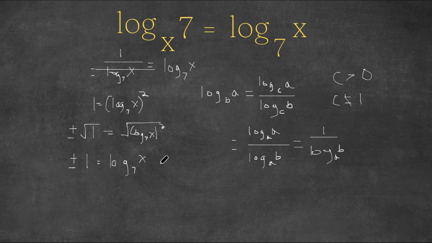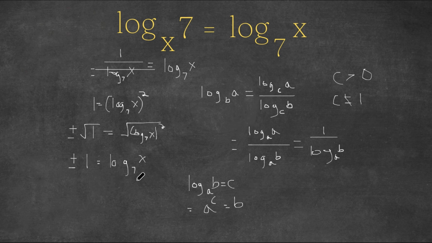And now, remember, let's say we have log base a of b equals c, right? Then this is the same thing as saying a to the power of c equals b. And this is an important property of logarithms, which you have to know to solve logarithmic equations.